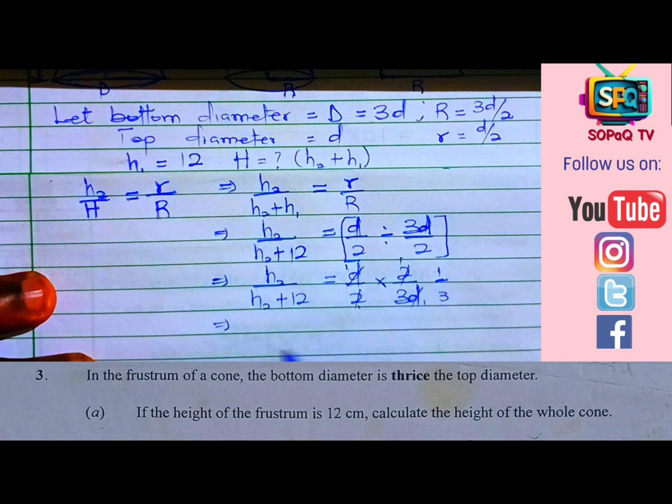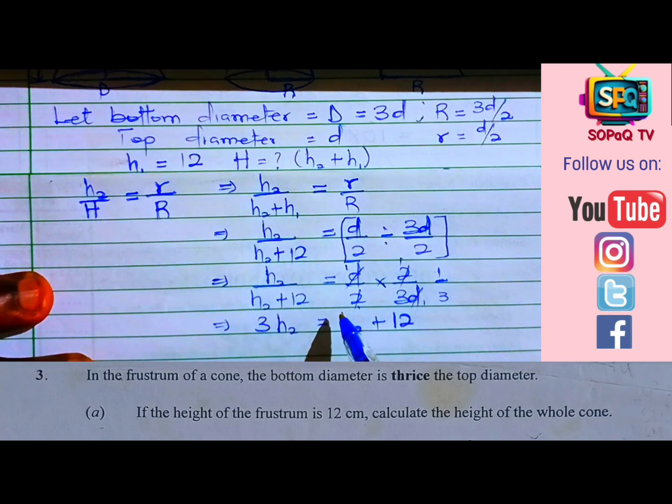So when we cross multiply straight away, we are going to get 3 multiplying h2, giving us 1 multiplying h2 plus 12. Anything that multiplies 1 gives us the same thing.